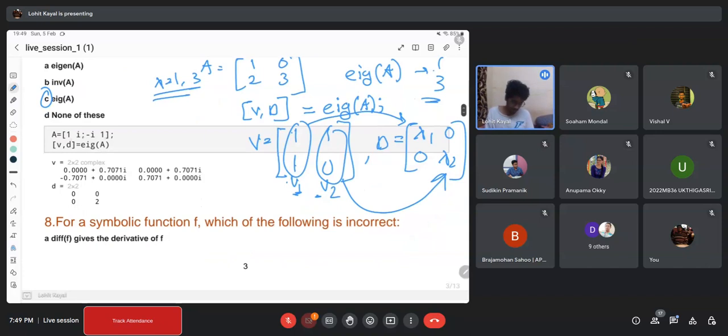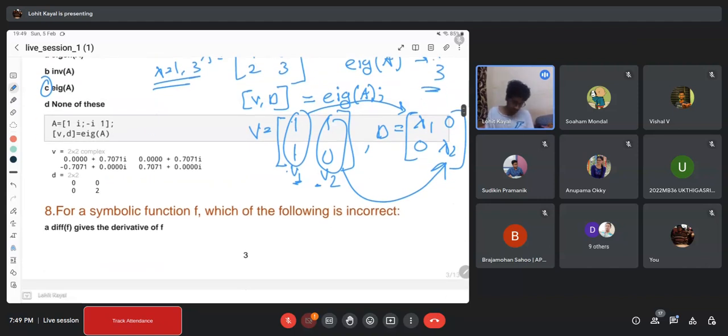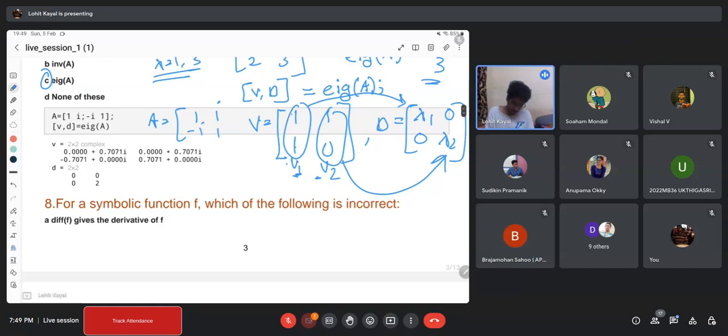Here I have shown one example, the matrix 1, i, minus i, 1, just to show that this is not only true for real matrices. Remember that this i is complex, i equal to square root of minus 1, and MATLAB can work with it very easily.